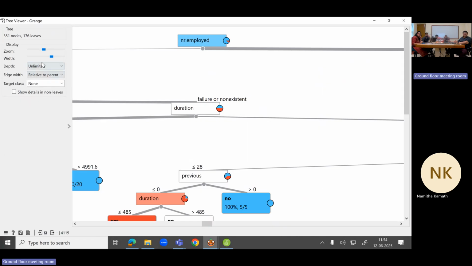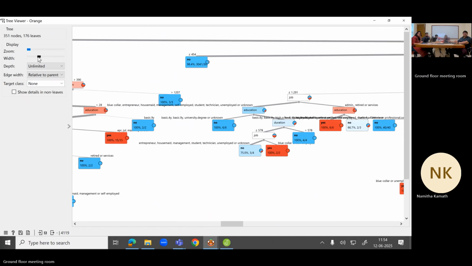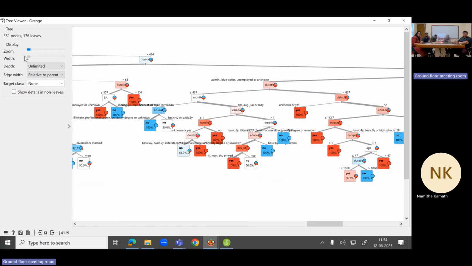Decision tree can give you good results for explaining things. Now there are too many things coming up, but if you trim it, that's 76 leaves.